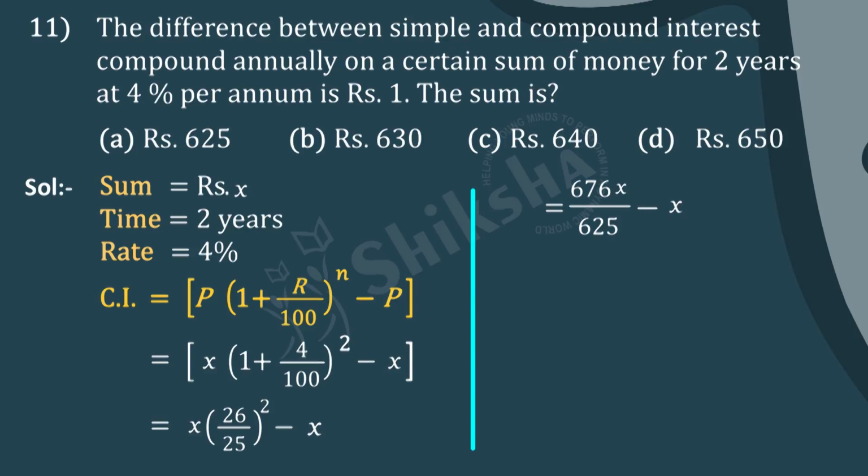Solving this, we get CI equals 51 divided by 625 into x.